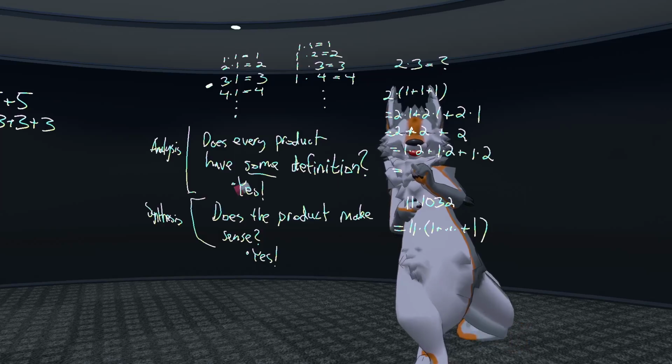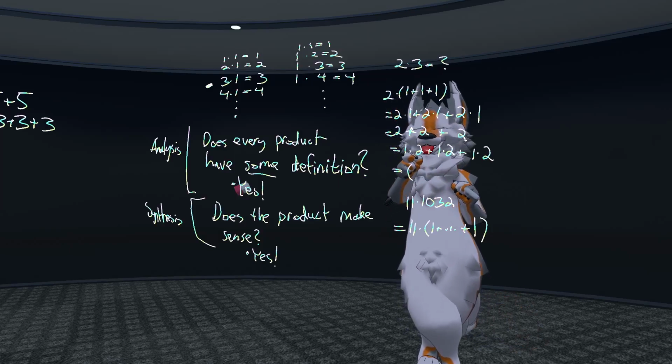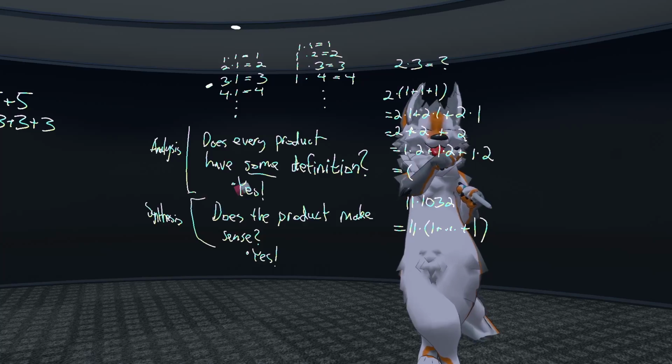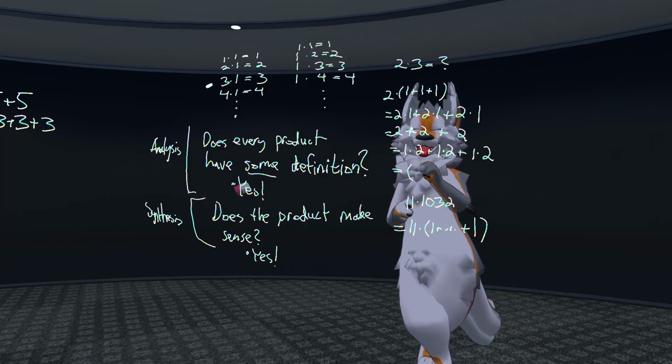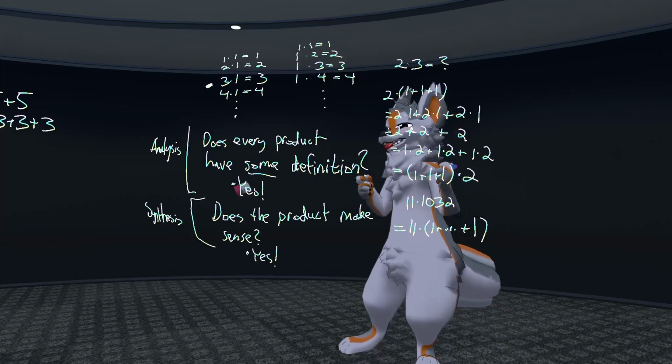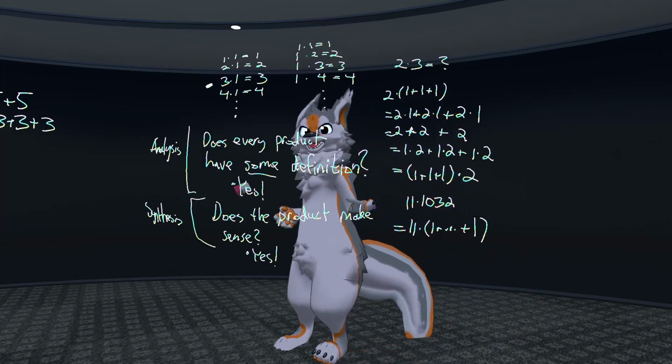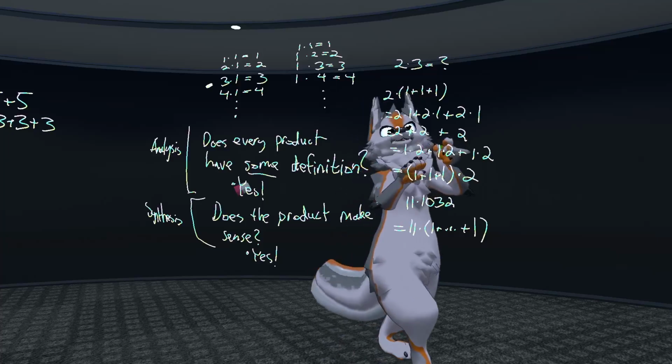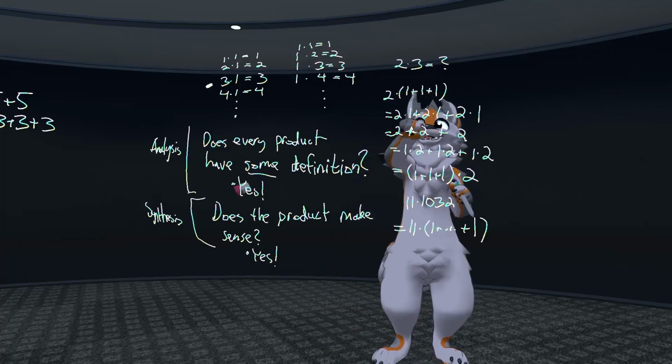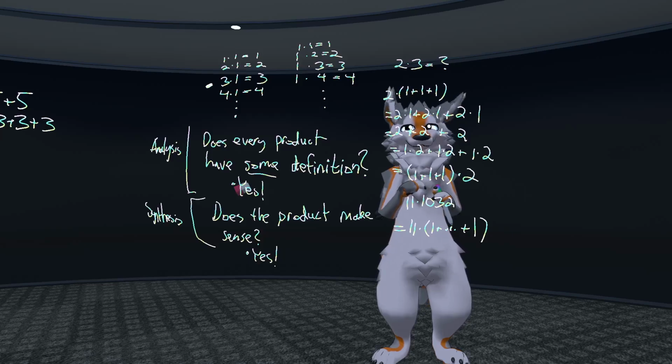Instead of modifying this 1 on the right by 2 and adding them 3 times, we can have the 1's here and then multiply the whole sum by 2. That's also distributivity.